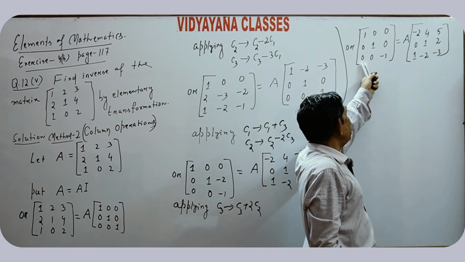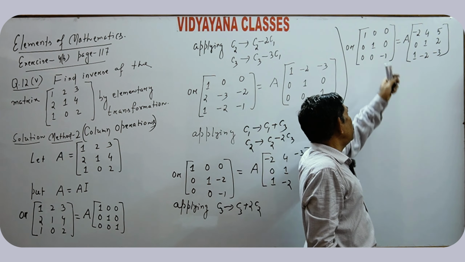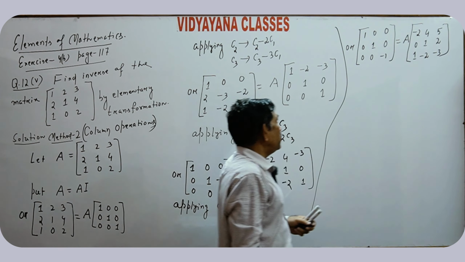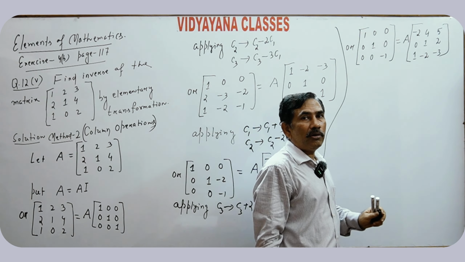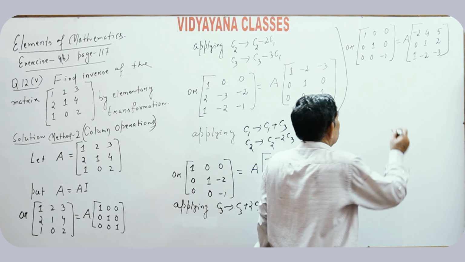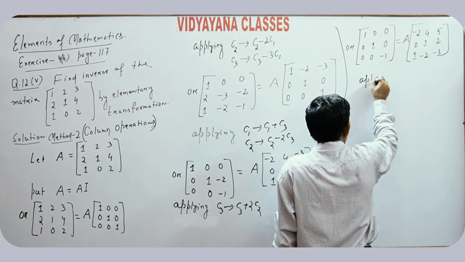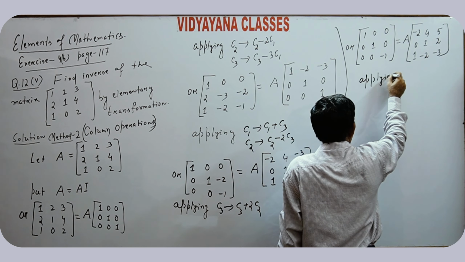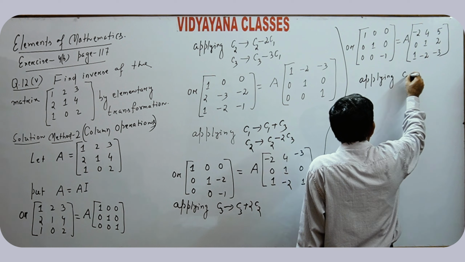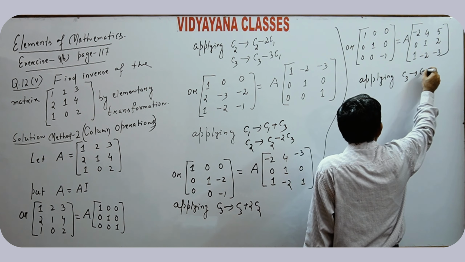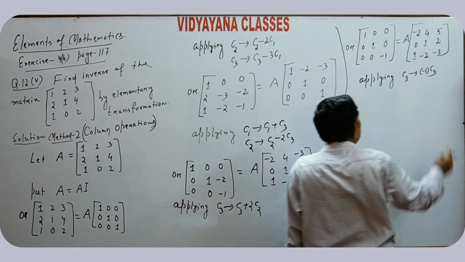Now the elements of row 3, 0, 0, minus 1. We will change 0, 0, 1 using column operation. Apply C3 replaced by minus 1 into C3.